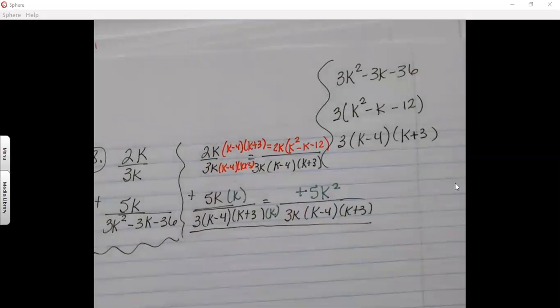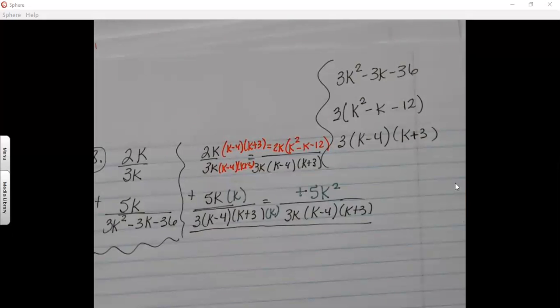So now I can add my fractions together, add the numerators together, and then bring down the denominator. No, because I already had a 3 in the denominator. I was only missing the k part of 3k, okay?